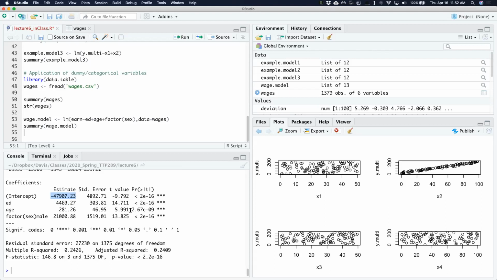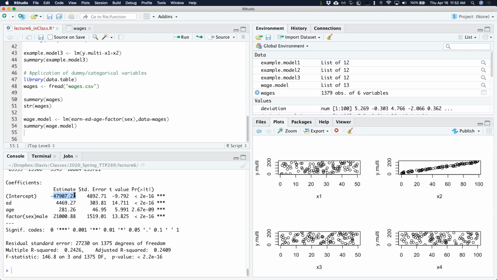What does that mean? I'm going to ignore this gender thing for now, but it's basically saying if I had 0 years of education and my age is 0, then I'm starting with a salary of negative 48,000.